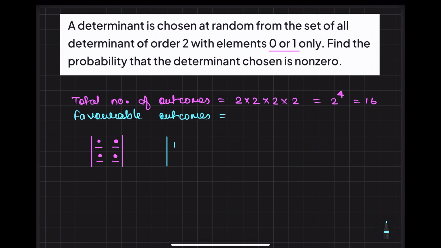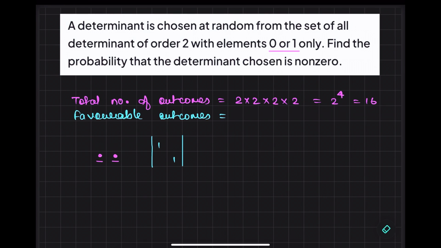If you put all 1, its determinant will become 1 minus 1, which is 0. So all 1 is not allowed, all 0 is not allowed. Suppose I want the determinant to be 1. If the determinant is 1, I'll put 1 and 1 over here.